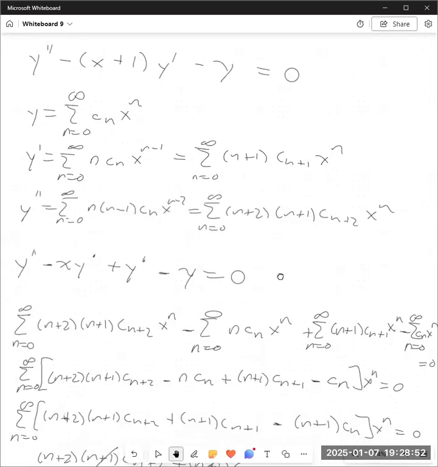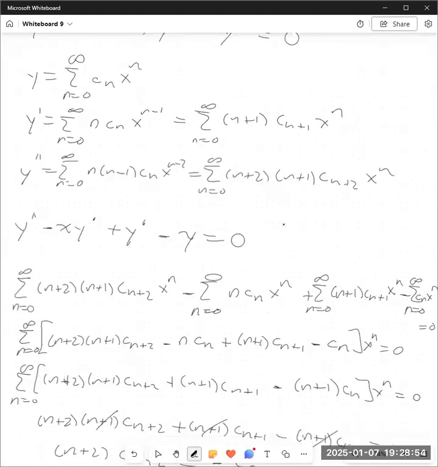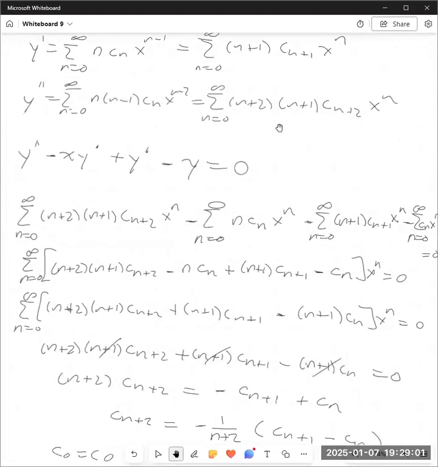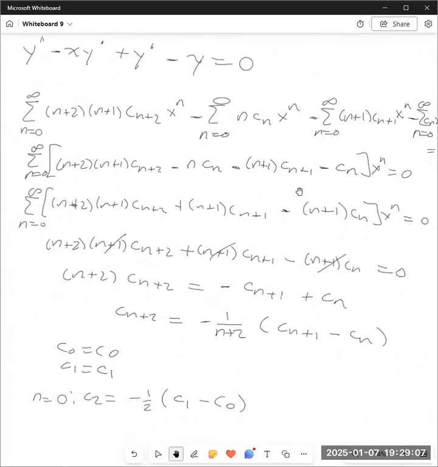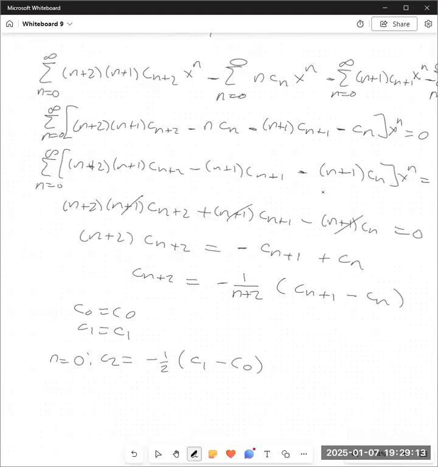This should be minus, minus. That's what's wrong. So this minus was on the outside. So that's minus, that's minus, that is minus, and that is minus.